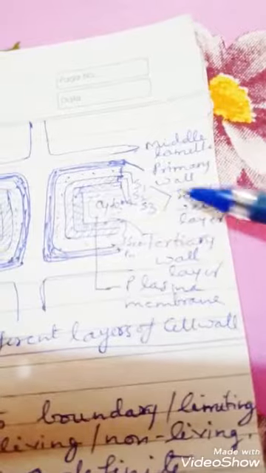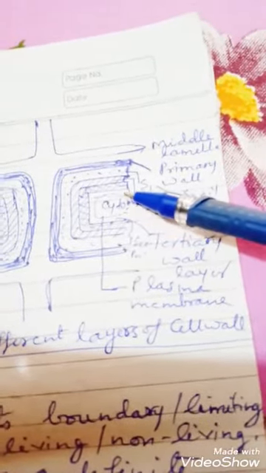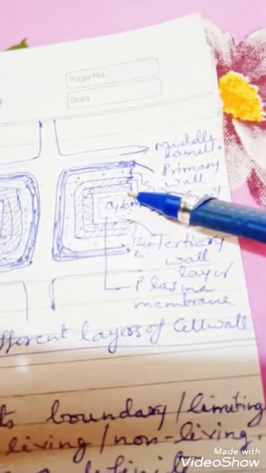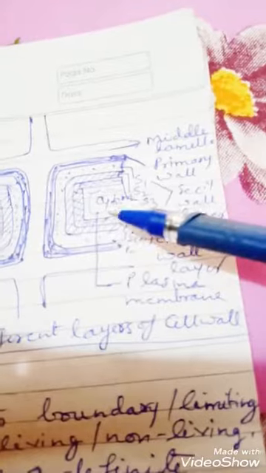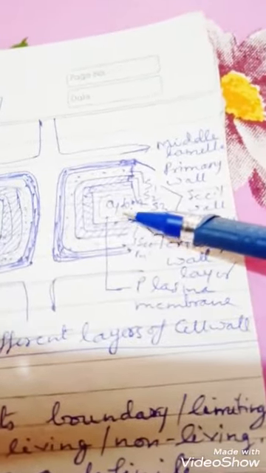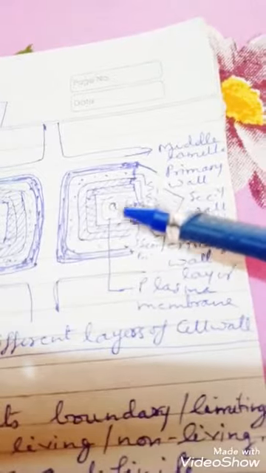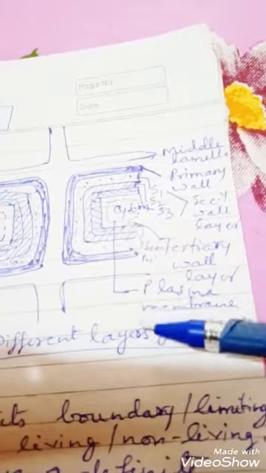These three layers are the part of the secondary wall layer, and inner to it is the tertiary wall layer, and the last limiting boundary towards the outer side of the protoplasm is the plasma membrane.